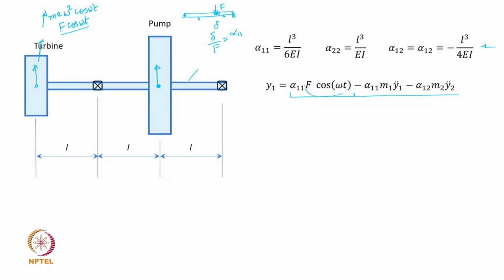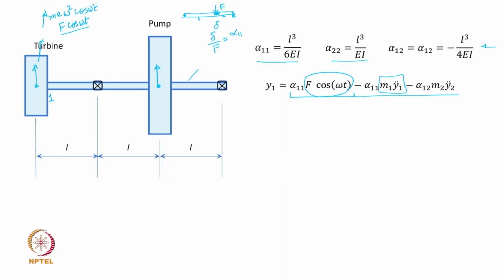So, now this unbalanced force appears just like these inertia forces, right, and if it is supposed to be at location number 1, if we assume this to be location 1, I think you can figure out whether alpha 1 1 and alpha 2 2 correspond to this or this.